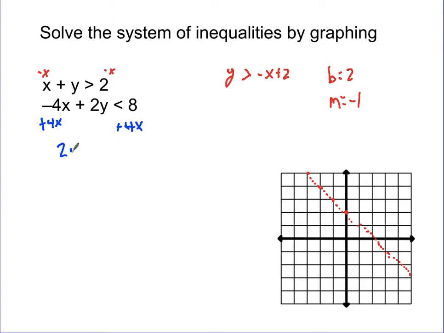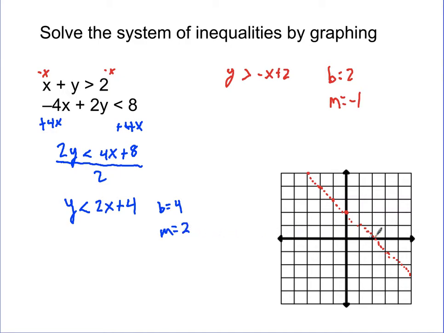That would be 2y is less than 4x plus 8. Now we need to simplify it, so we divide everything by 2. So y is less than 2x plus 4. So 2x plus 4, y-intercept is 4, slope is 2.